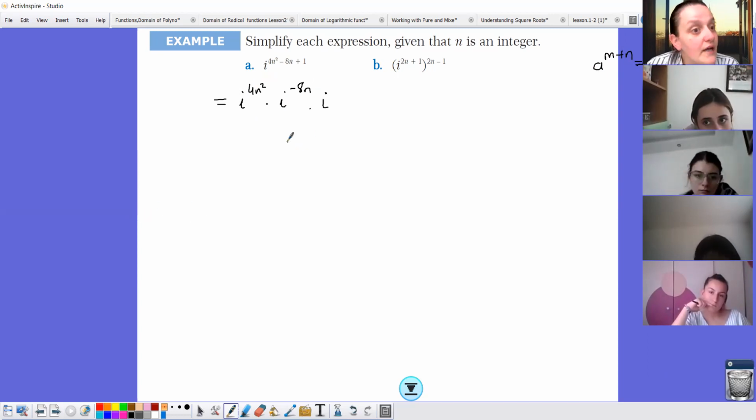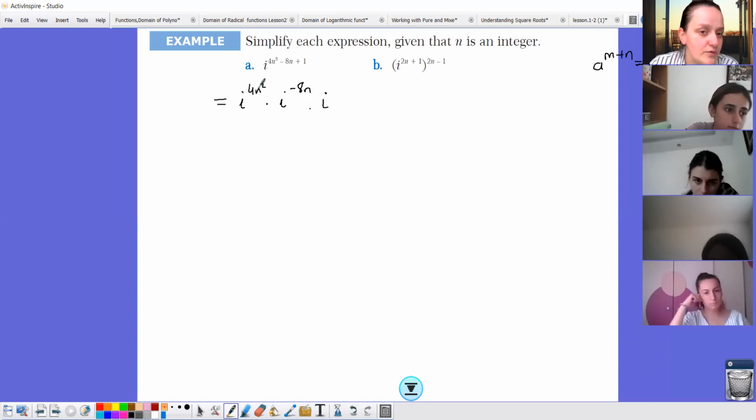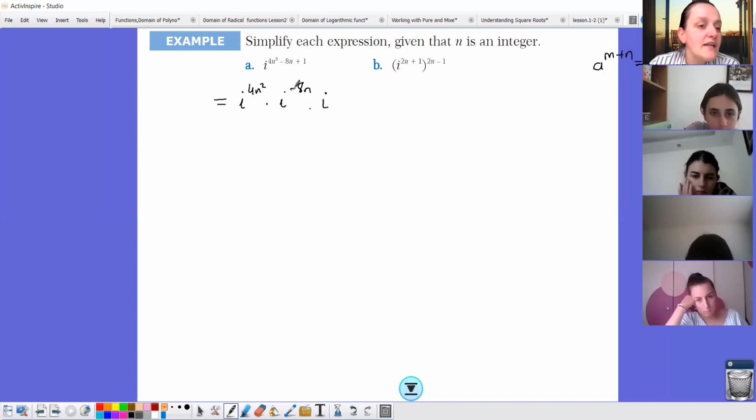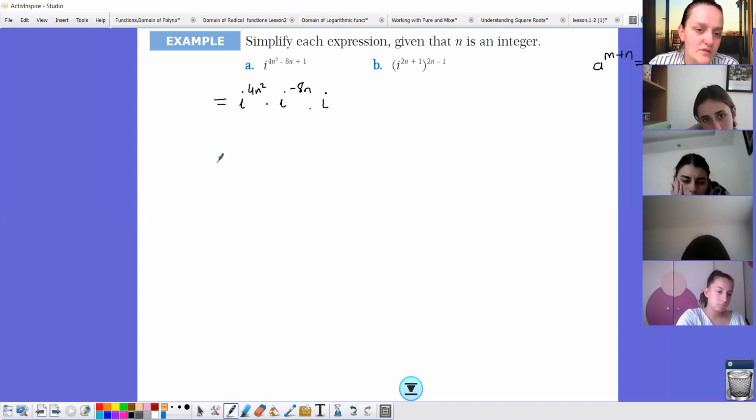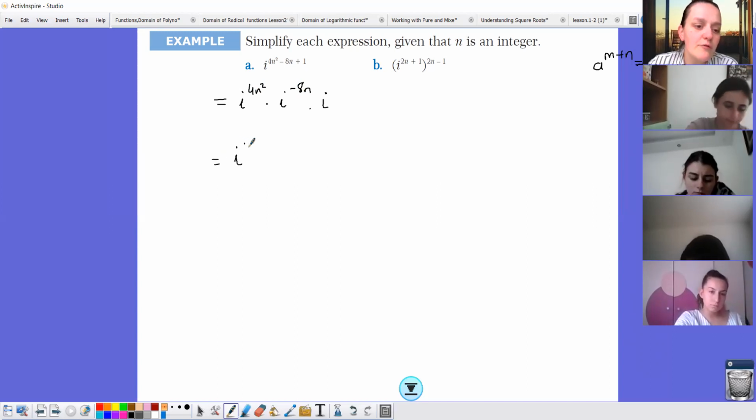Now again, I will try to find i to the power of 4. Here I have 4 times n squared. Here I have minus 8n. Do I have a multiple of 4 here? Yes. So I will do i to the power of 4 to the power of n squared.